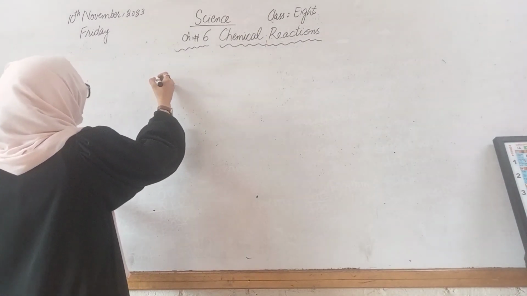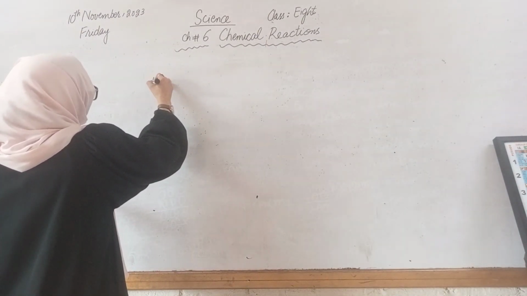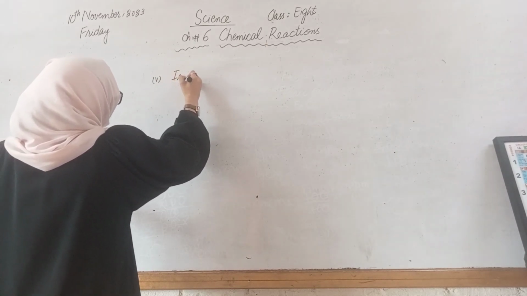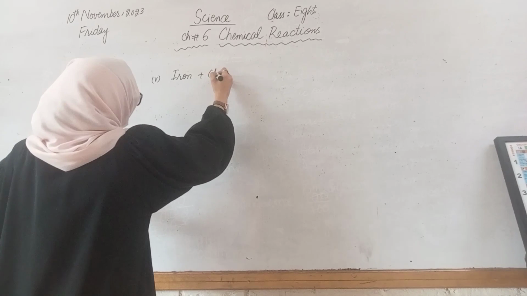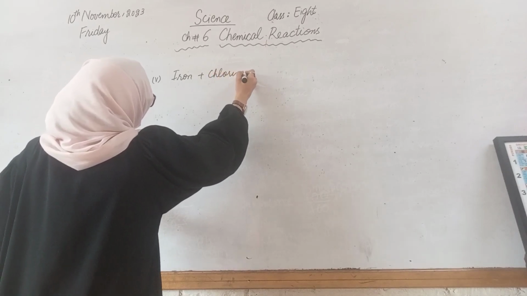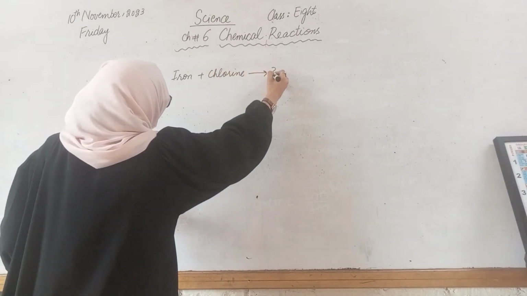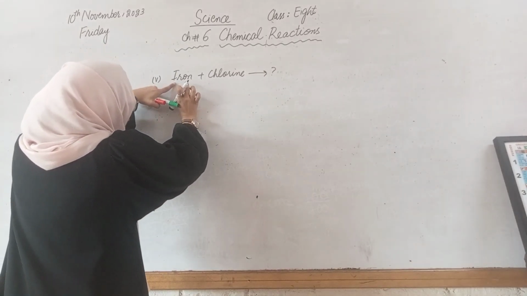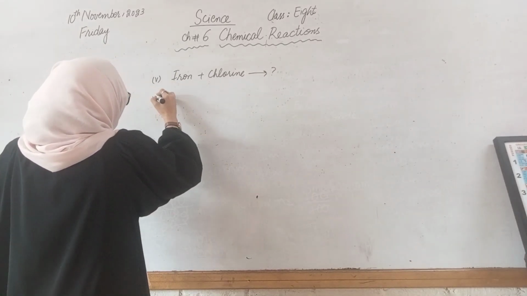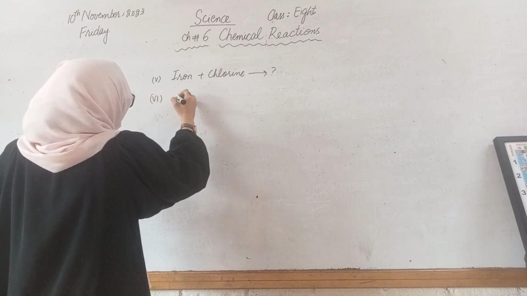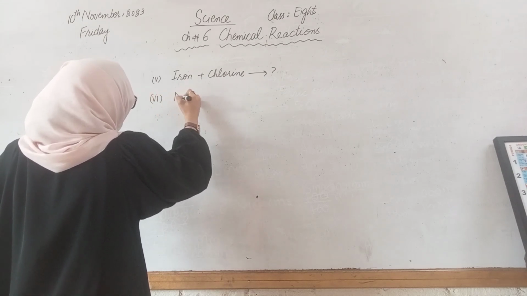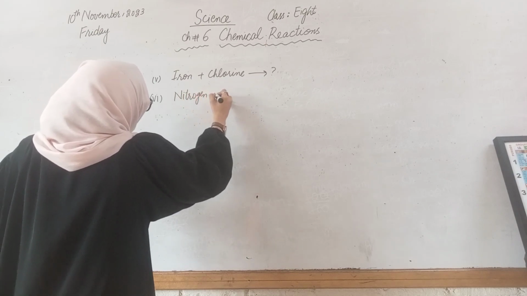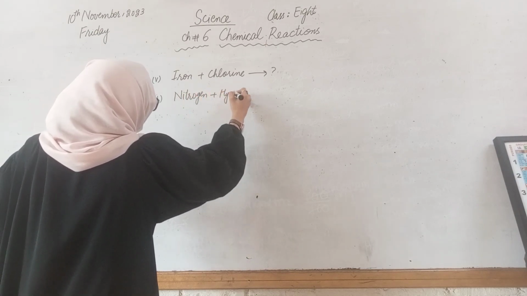I have done 4 examples here today, so you will note the examples for homework. For the 5th one, you will write the chemical reaction between iron and chlorine. You have to do it in the 2 states, ferric and ferrous. For the 6th, you will do the reaction between nitrogen and hydrogen.